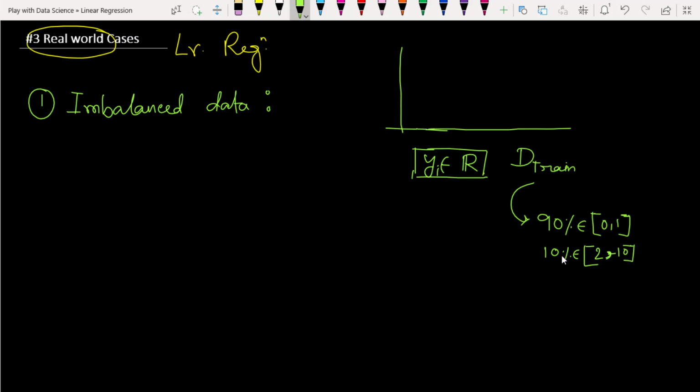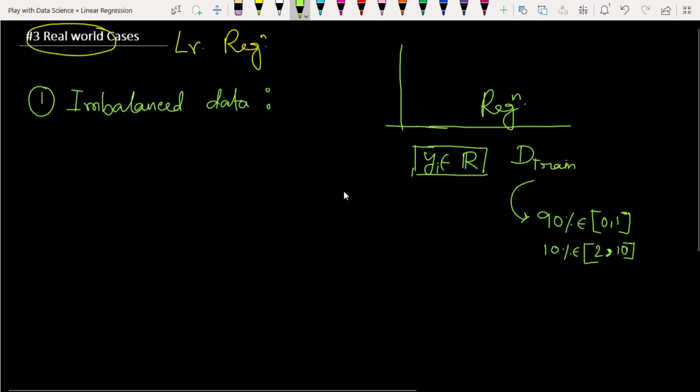So this kind of data set we call an imbalanced data. That was the imbalanced data for our regression technique.